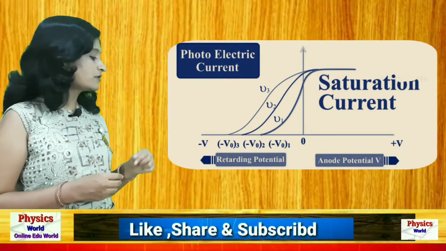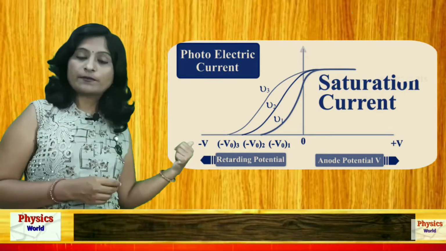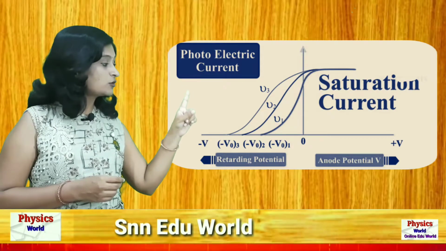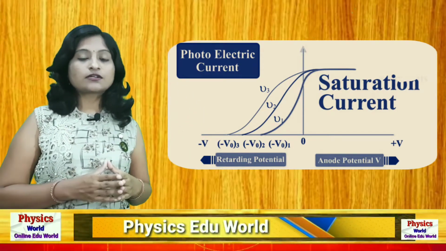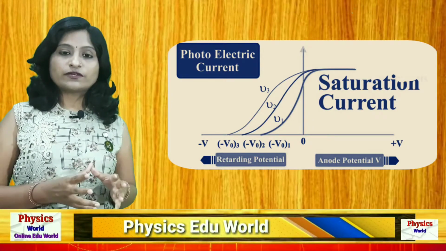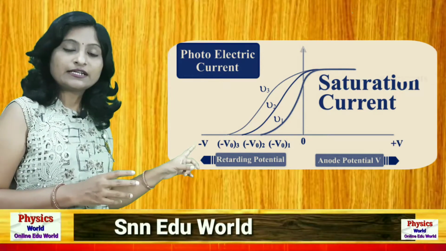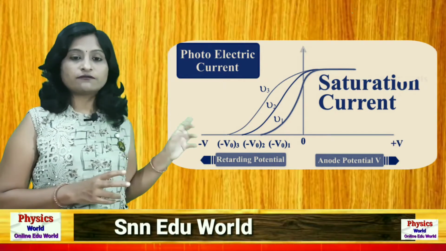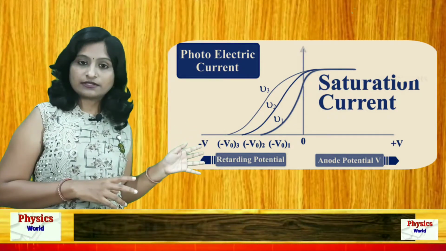Then each time we get a different stopping potential, but the saturation current remains the same. That means the saturation current is not affected by changing the frequency. Frequency affects only the stopping potential. So we get increasing stopping potential with increasing frequency. This graph represents that.